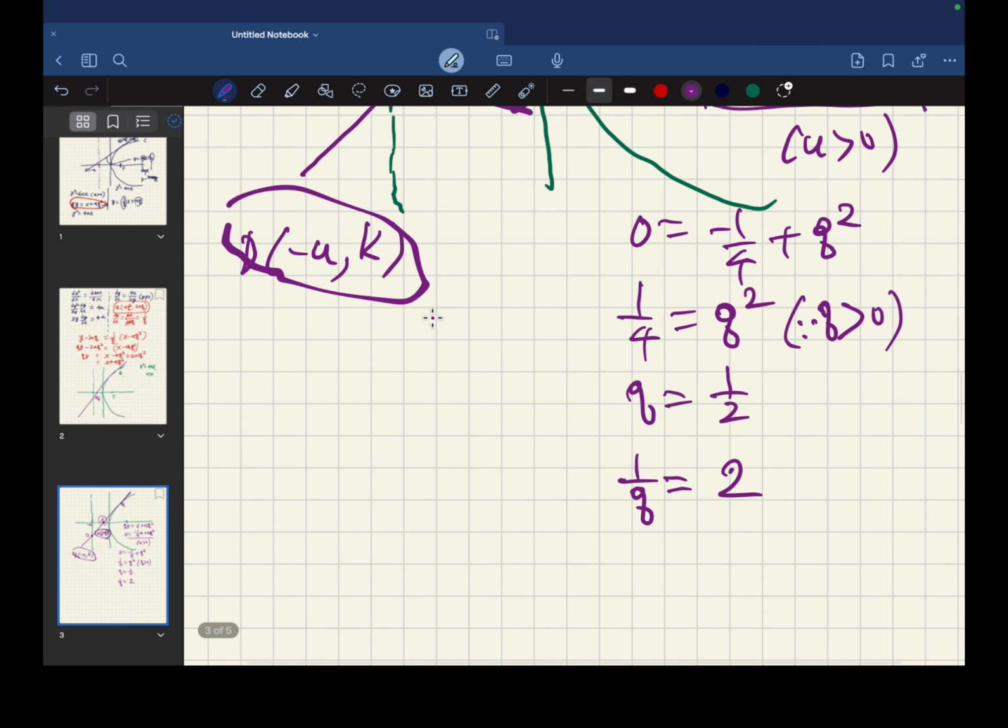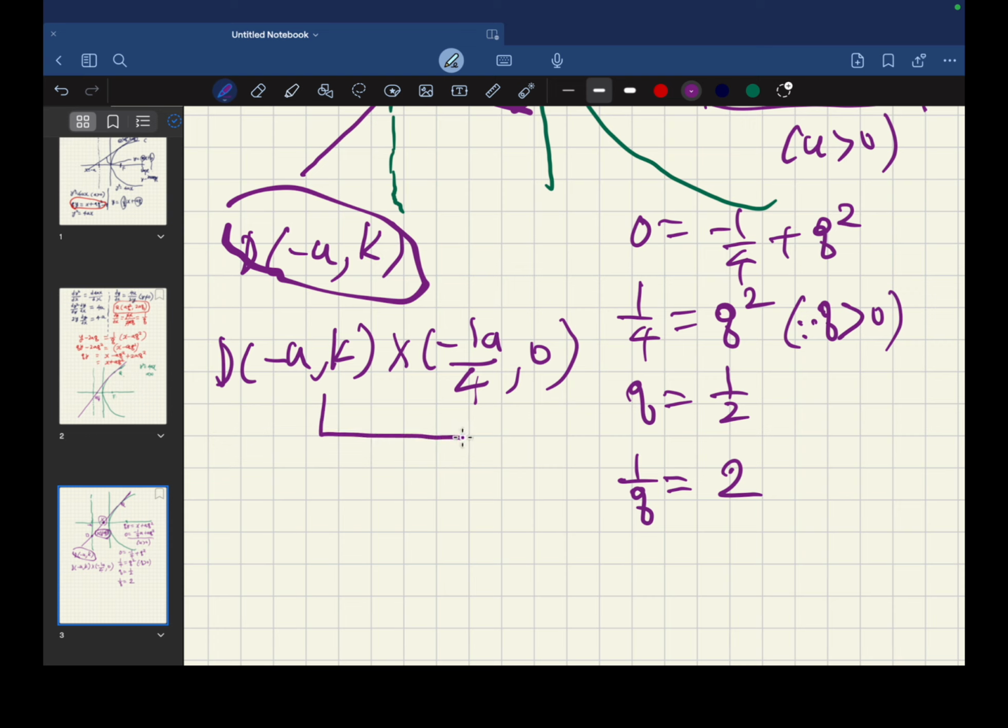So D is minus a comma k, and X is minus 1a over 4 comma 0. Using these points, we can calculate the slope.